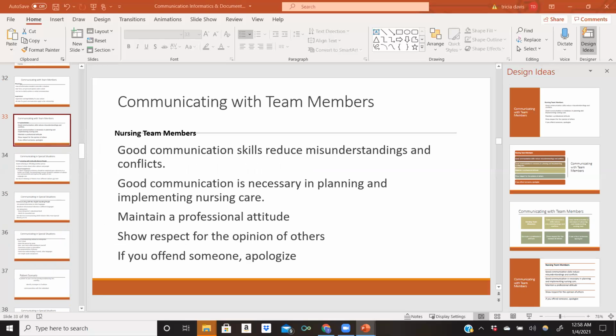With other members of the nursing team, you want to have good communication skills because this reduces misunderstandings and conflicts. Good communication is necessary in planning and implementing nursing care. So you want to make sure you're communicating with other members of the healthcare team.